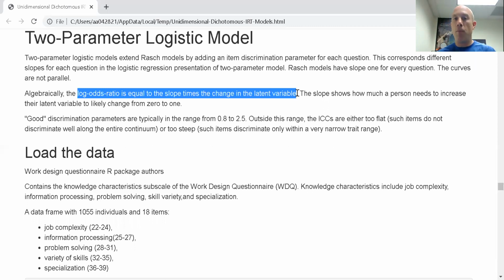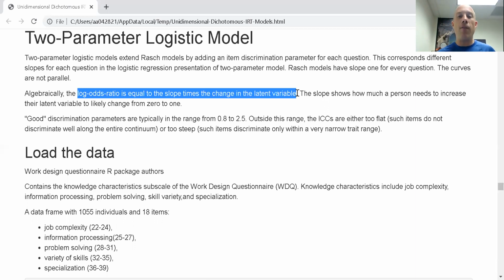Something that is in the literature is that a good discrimination parameter is typically between 0.8 and 2.5. Outside the range, either the curve will be super flat or super steep. If I have a very, very large value, then it's going to be a very steep slope right around that probability 1/2 mark. It'll be like a light bulb in terms of getting it. Either they get it or they don't. There is no gradient in the middle.